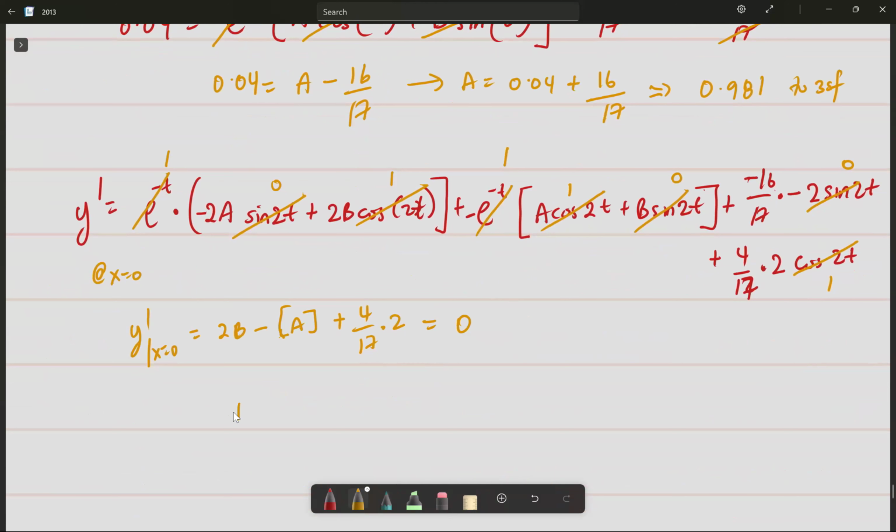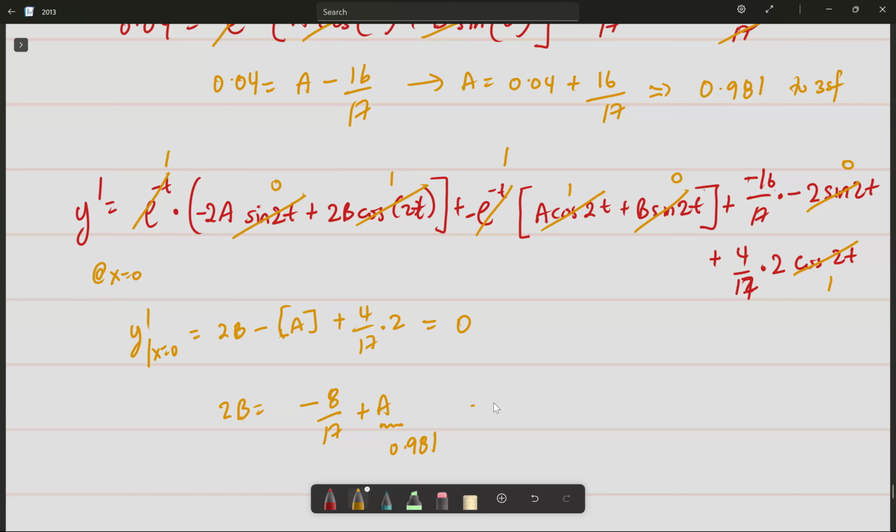So that means 2b is equal to minus 8/17 plus A. A in this case we found to be 0.981. So that's negative 8/17 plus 0.981.